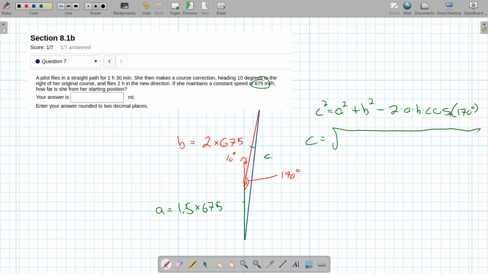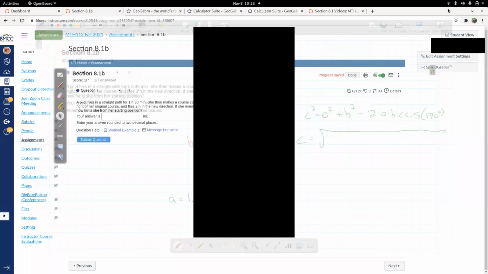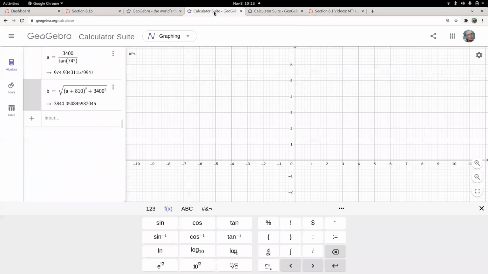So I think let's do that on a calculator. And sure, I'll use GeoGebra here. So let's clear this stuff. All right, so my side A, I was calling that 1.5 times 675.